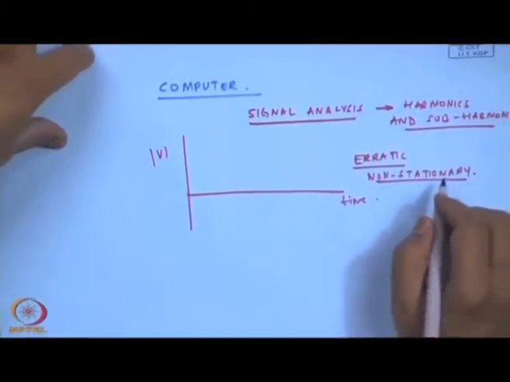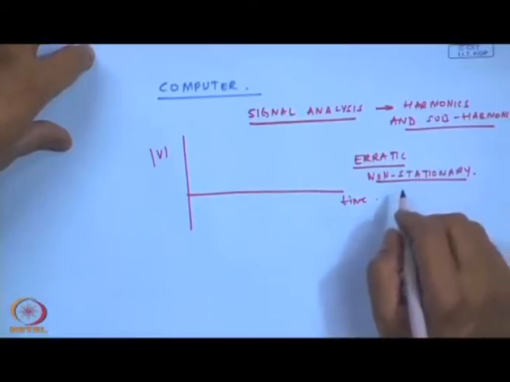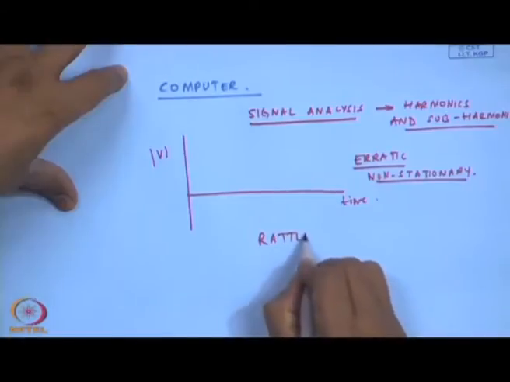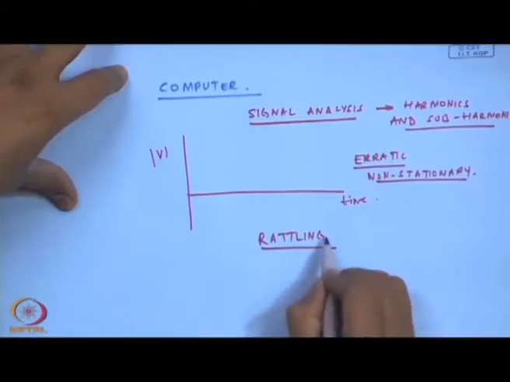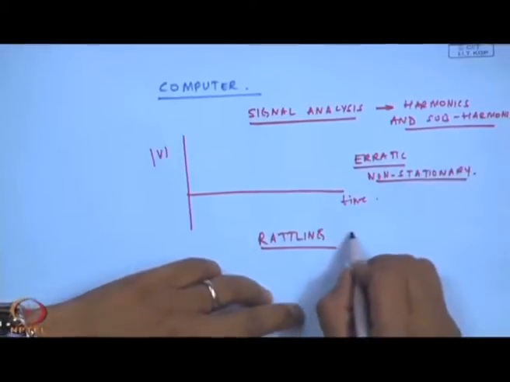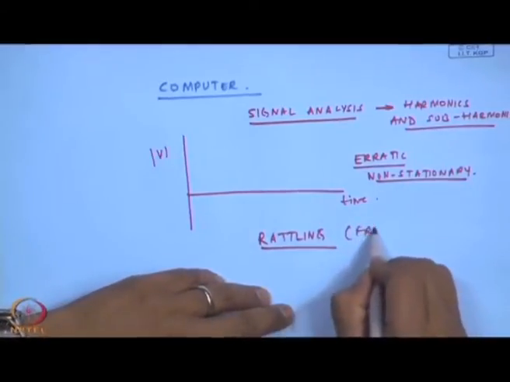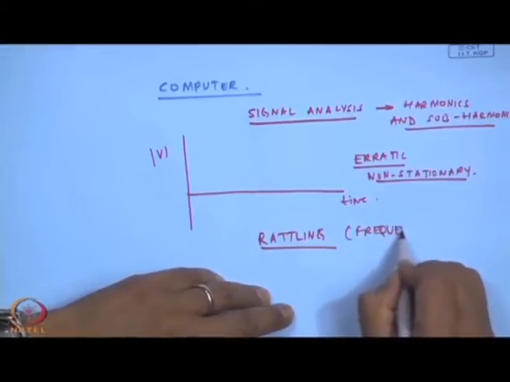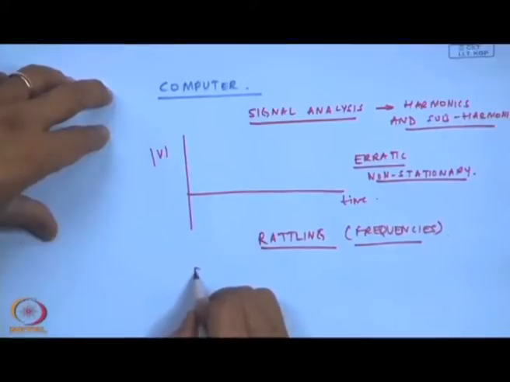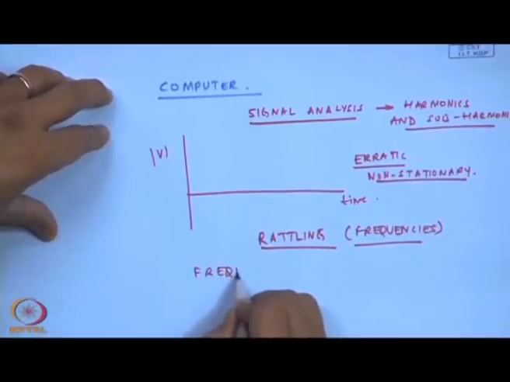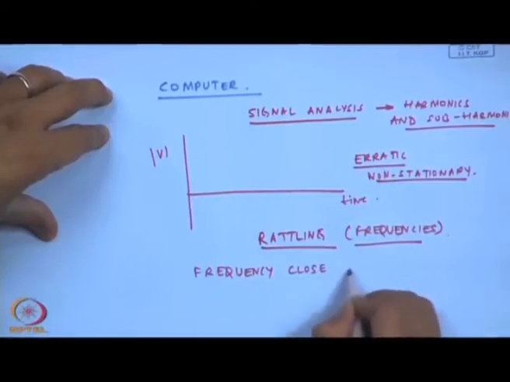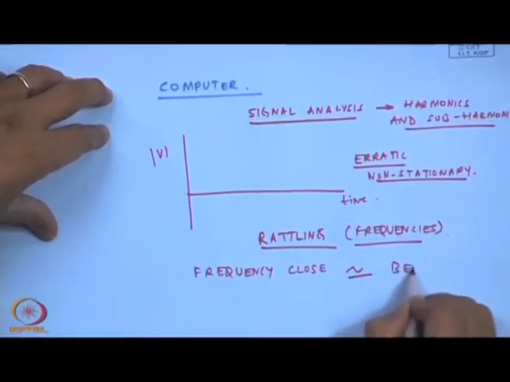And of course, looseness, another word for it, means rattling. This rattling may be at frequencies which are close to each other. Okay. So, if frequencies are close, I will have beating occurring.